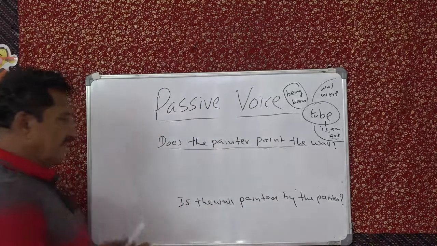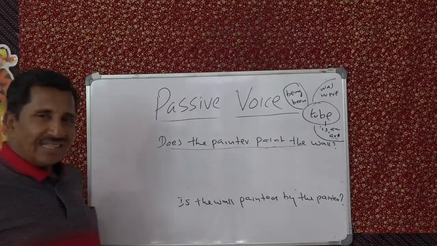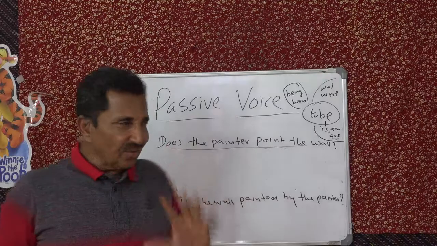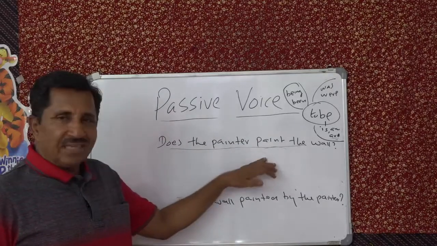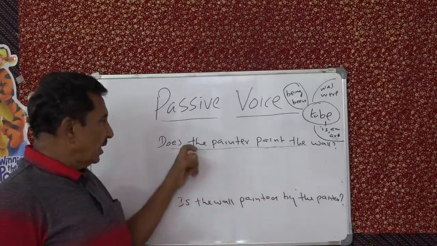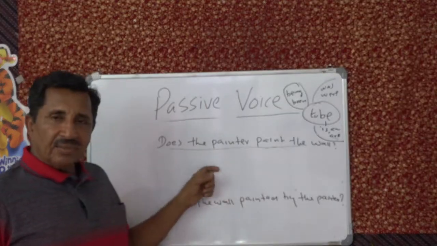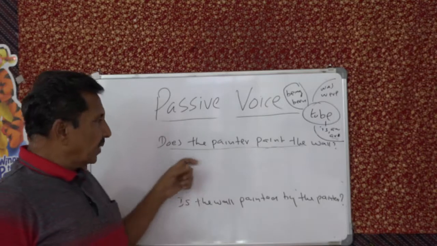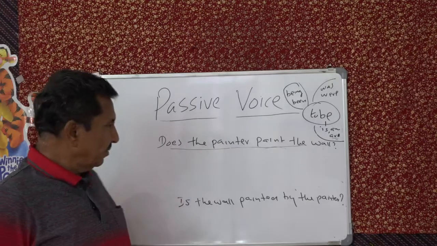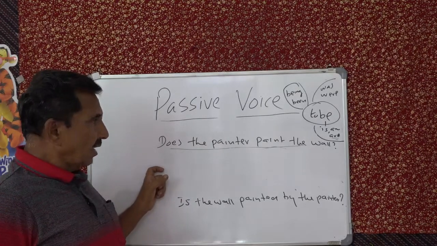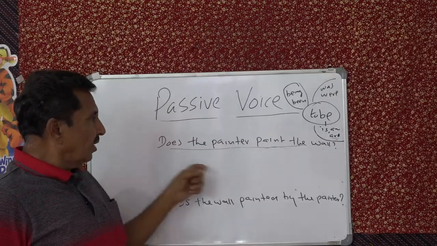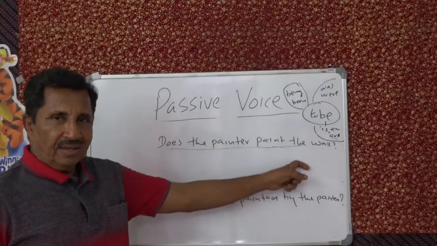So did you see? We have seen that process now. First what will you do? Make it a statement. Then it will be, "The painter does paint the wall." We don't say in statements "does paint the wall", so "The painter paints the wall." Then passive: "The wall is painted by the painter."